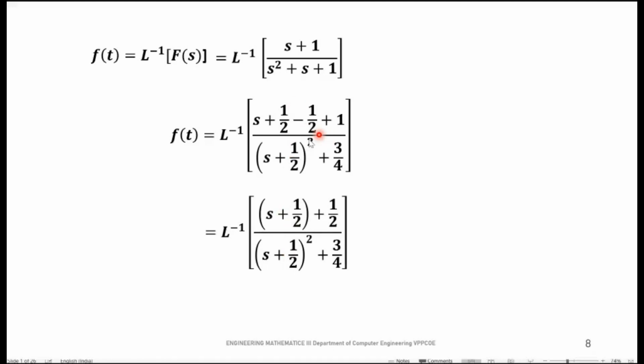So I will write s plus half as one function. Now minus 1 by 2 plus 1, that will become 1 by 2. So plus 1 by 2 I have written, denominator same. In the next step we will separate this, and then whatever s is replaced by, that many e raised to will come out of L inverse, and then we calculate the L inverse of the remaining function.